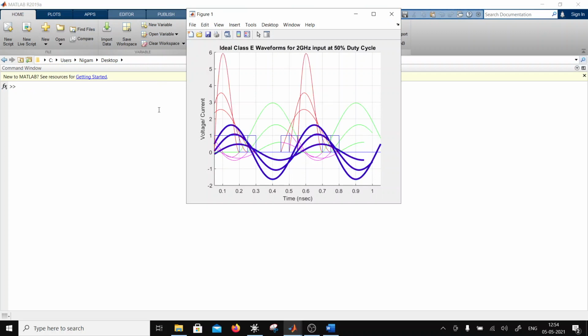Okay, so that's your 30%. Okay, so that being said, I am able to design and plot the waveforms.